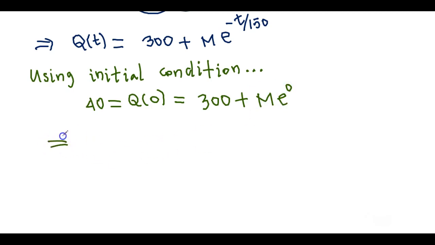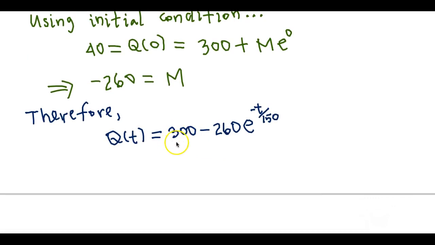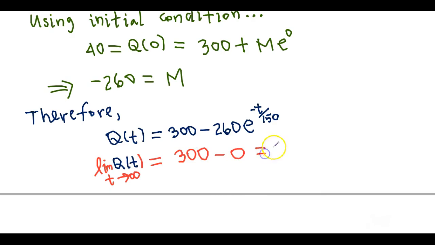So we can easily solve for M to find that minus 260 is equal to that constant M. And so that means that Q of t looks like 300 minus 260 times e to the minus t over 150. So it's straightforward to compute the limit of this expression as t goes to infinity. We do that, then we would obtain 300 minus 0, which means that that limit equals 300.